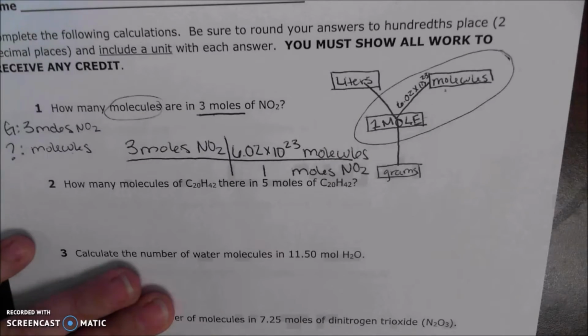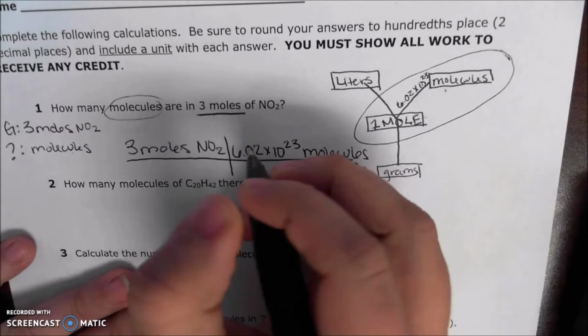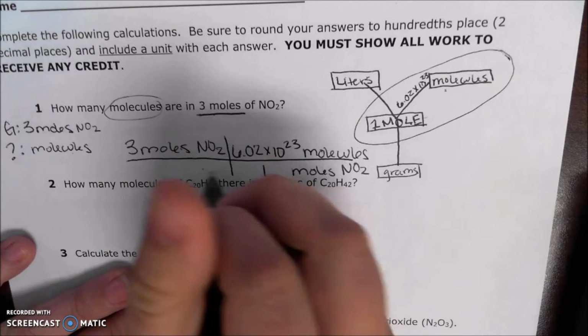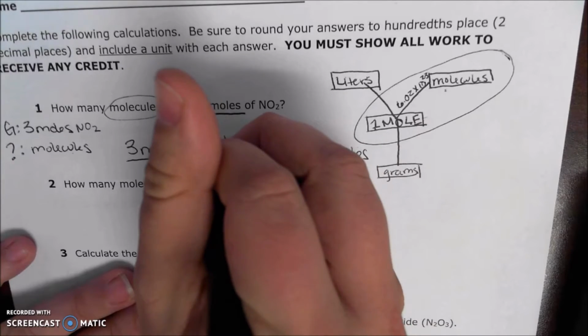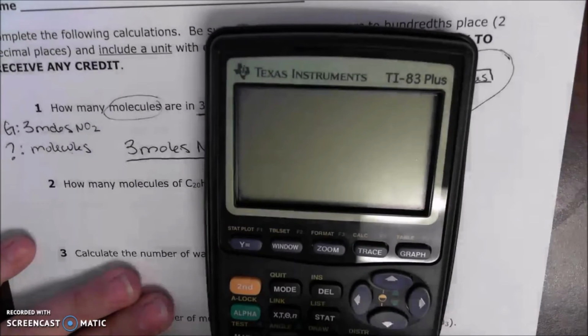Okay, that's where your calculator comes in. Remember, because they're next to each other on the top, or if they were both on the bottom, we'd still multiply. So we're going to multiply, so write your little X on the cross.